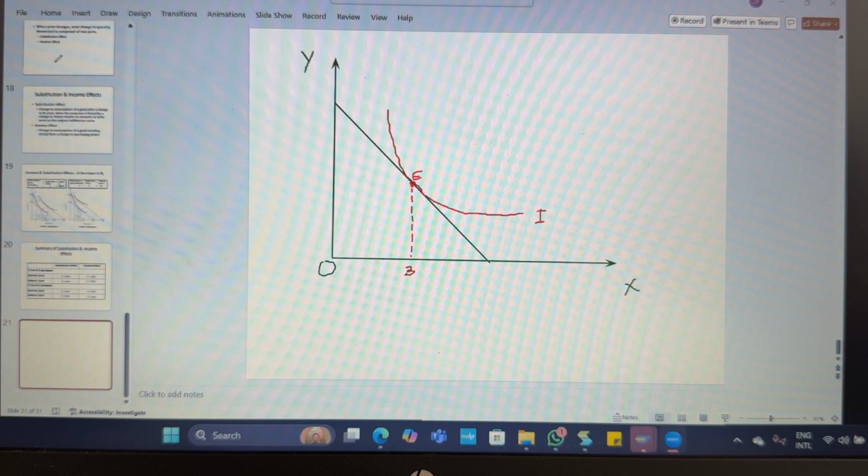As a result, this budget line changes like this. The budget line has pivoted to the right side, due to the price reduction of the commodity X.